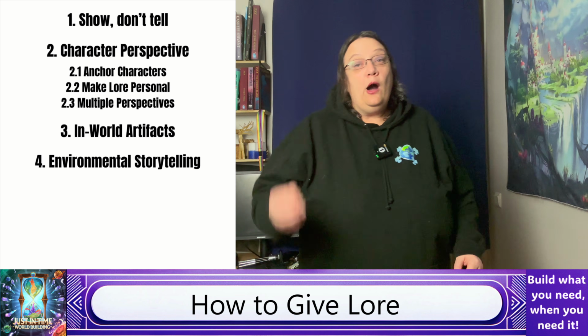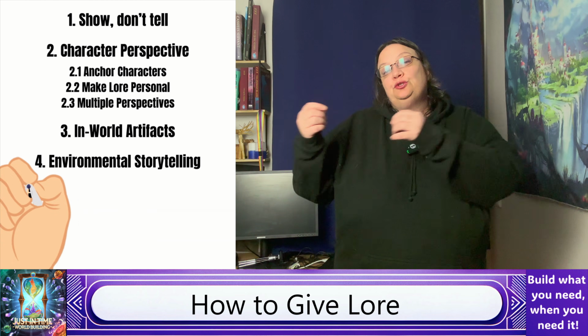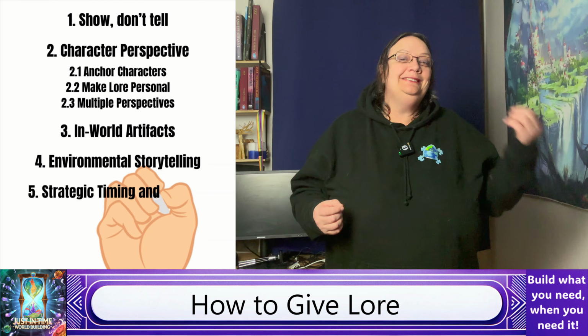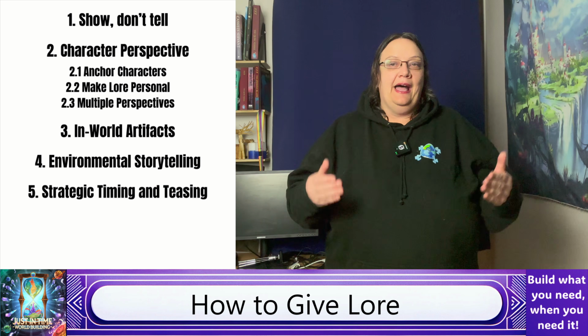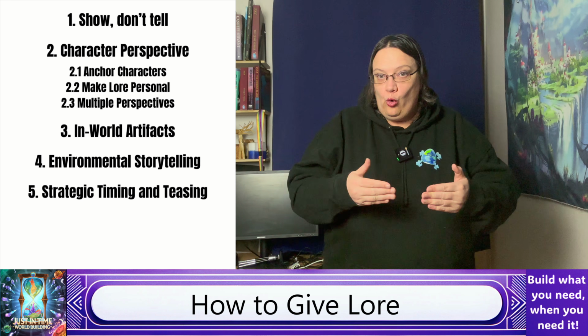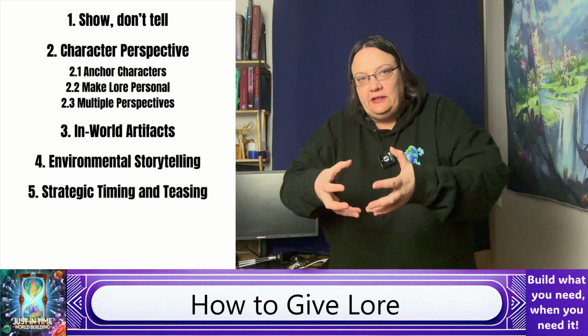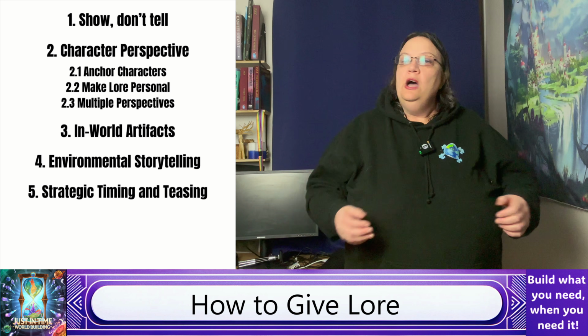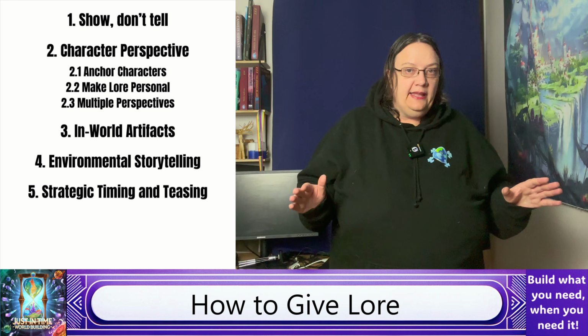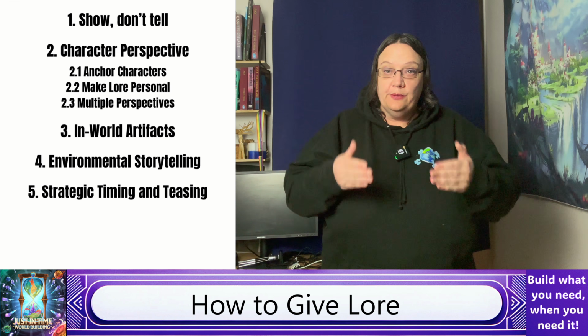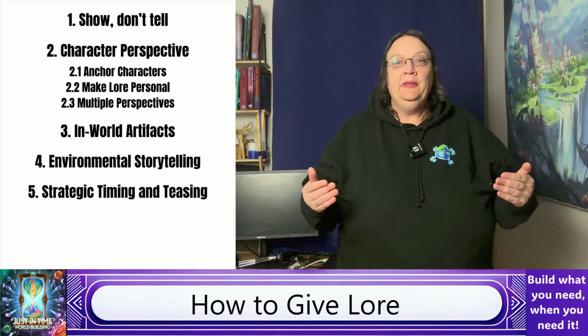Okay, our fifth technique is strategic timing and teasing. This comes down to disclosing the lore at the right time. Don't front load everything in the prologue. Most readers won't retain it, and it will kill the momentum of your story.